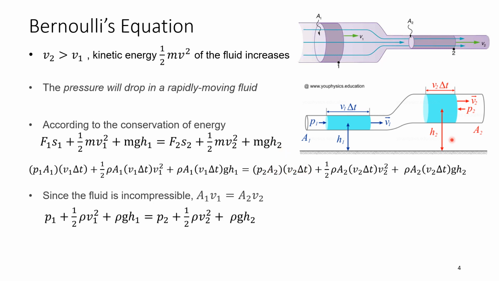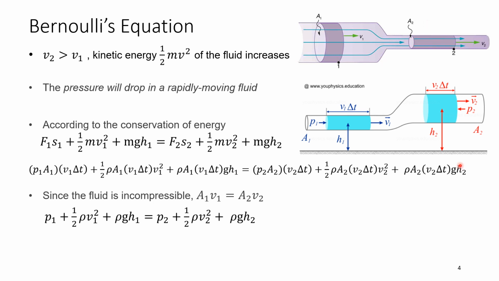So we can cancel all the factors of A1 V1 delta t or A2 V2 delta t, and we get P1 plus half rho V1 squared plus rho g h1 on the left hand side, and P2 plus half rho V2 squared plus rho g h2 on the right hand side.